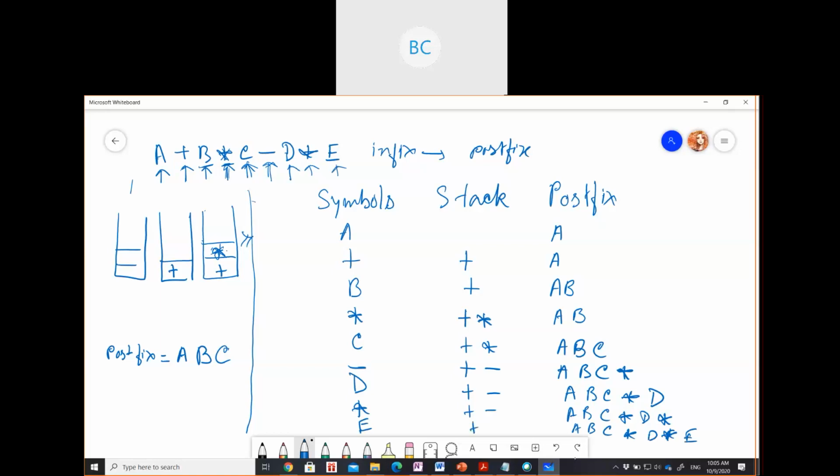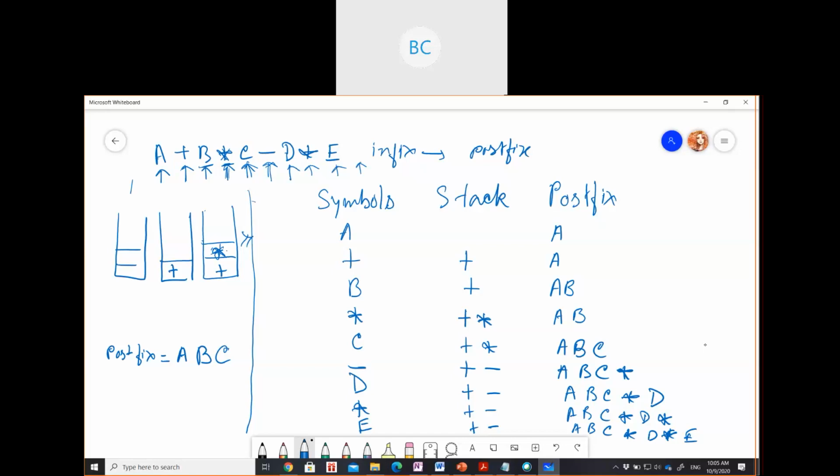Okay. Now you see you have nothing to scan. It's the end of your expression. So when you reach the end of your expression, then you will simply empty the stack and put it in your expression.